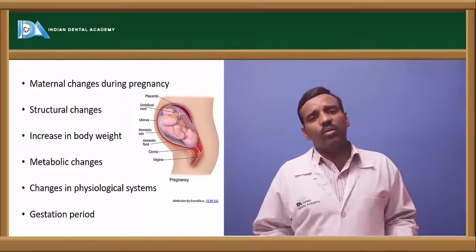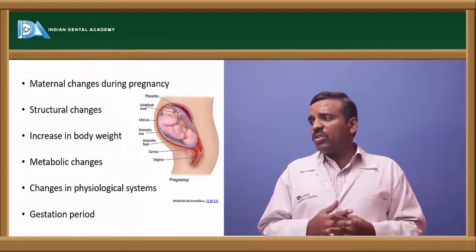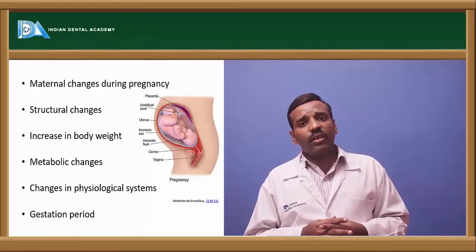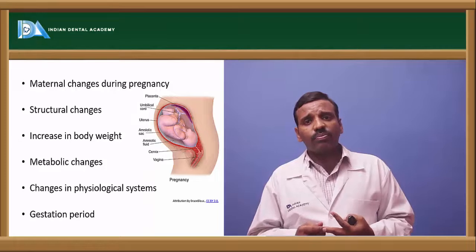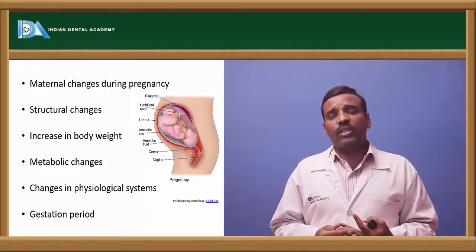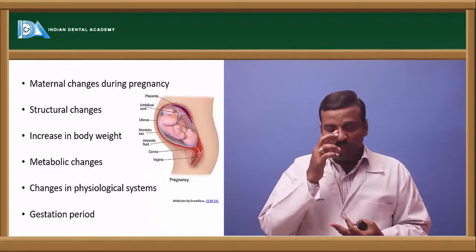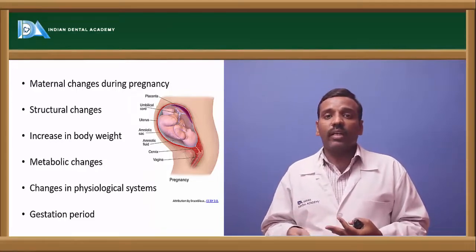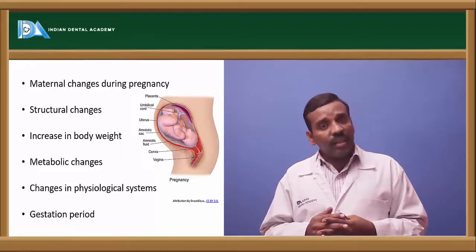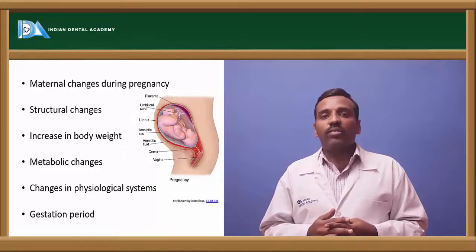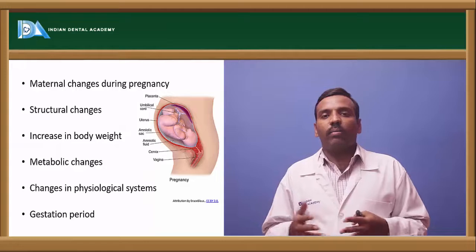In the cardiovascular system, cardiac output and blood pressure are increased. In the respiratory system, the rate of respiration and oxygen intake are increased. In the digestive system, food intake and digestion are increased, and in the excretory system urination is increased because of the pressure of the uterus on the urinary bladder.